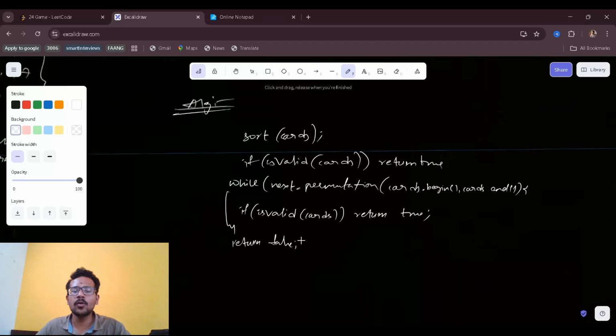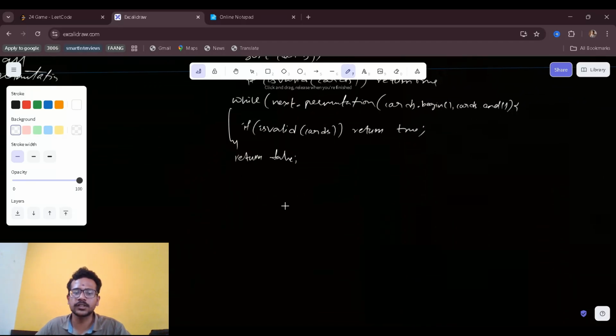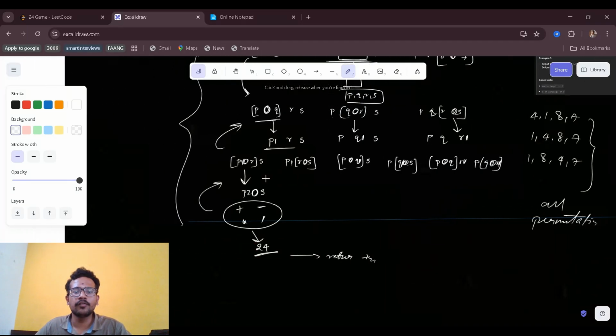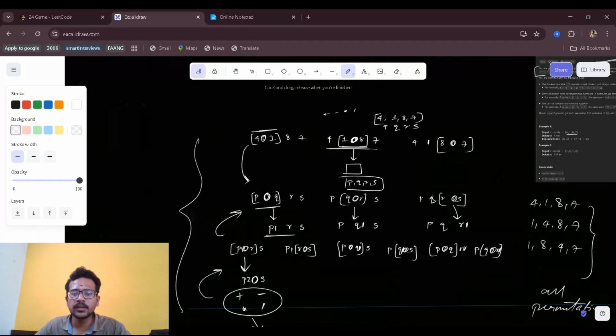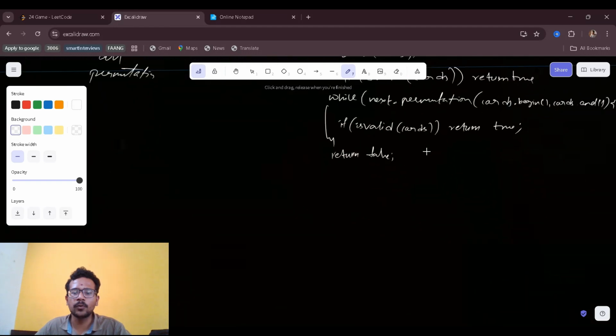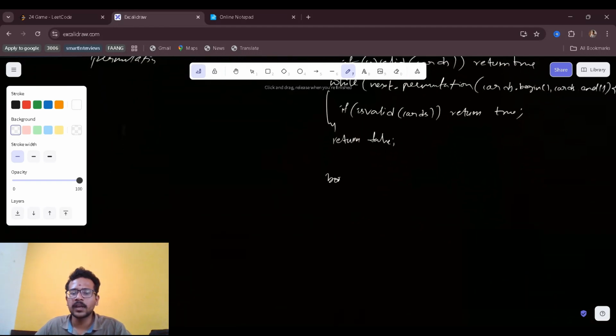First thing, how can I go with the first is valid function? I went with four values, one here and another here. I'll tell you how. So bool is valid, taking vector of int cards.